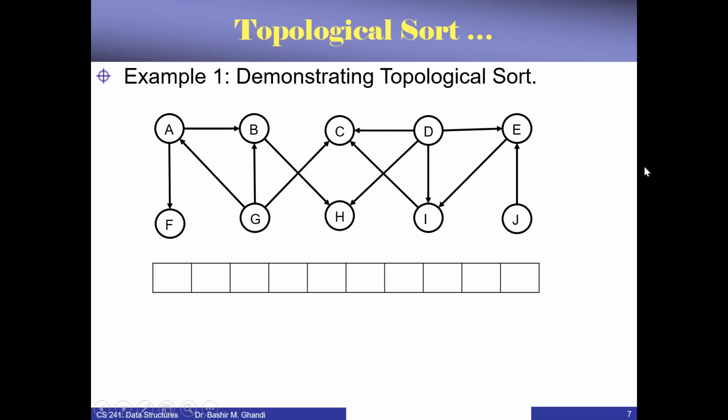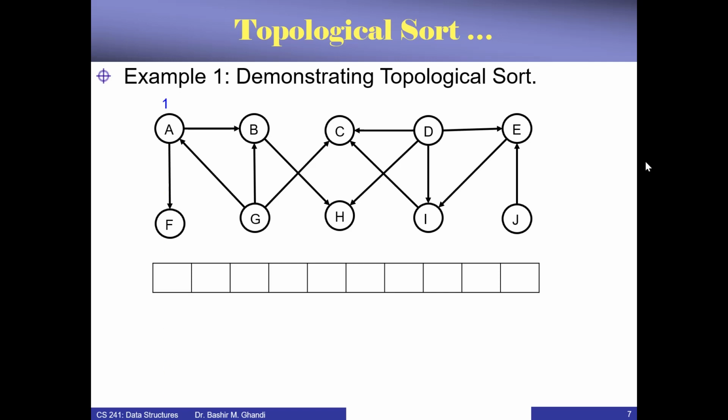We want to demonstrate how to do topological sort on this graph. Since the algorithm says you should find the vertices with degree 0, the first thing you should normally do is compute the in degrees of each vertex.